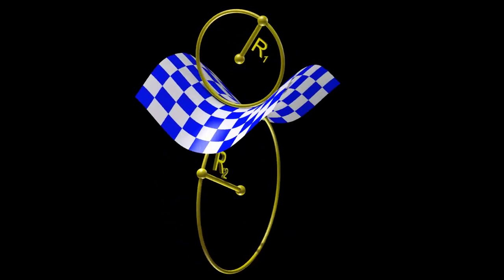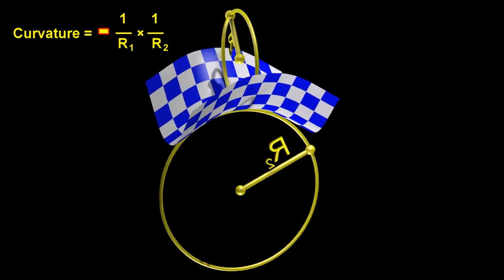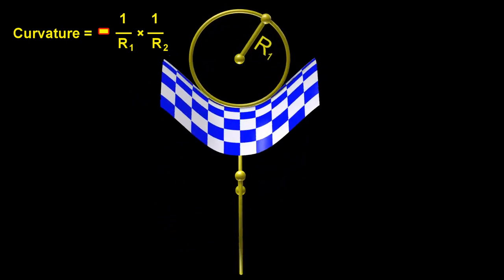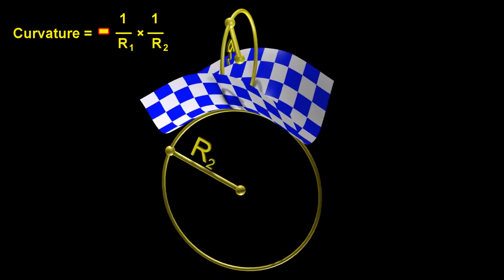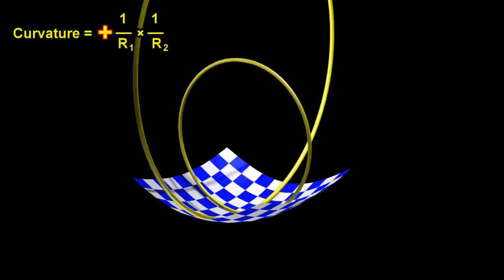The amount of curvature at the point where the two circles meet is given by the following equation. When the two circles curve in the same direction, this surface has a positive intrinsic curvature. The amount of curvature at the point where the two circles meet is given by the following equation.